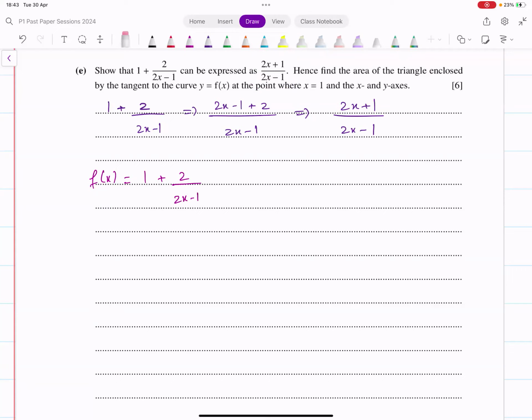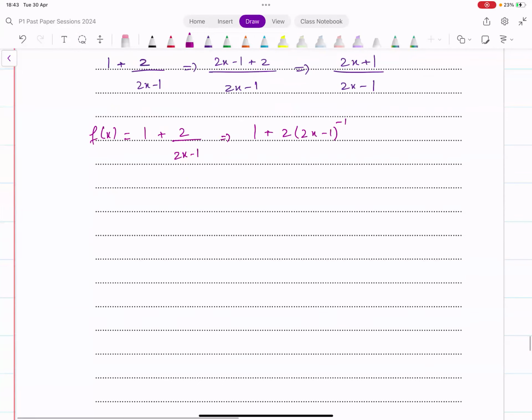If it can be written like this, now you can just differentiate both of these terms separately. You can say this can be written as 1 plus 2 into 2x minus 1 whole raised to power minus 1. And now we can differentiate this thing. Let's find the derivative, f prime of x or f dash of x. Derivative of 1 is 0.